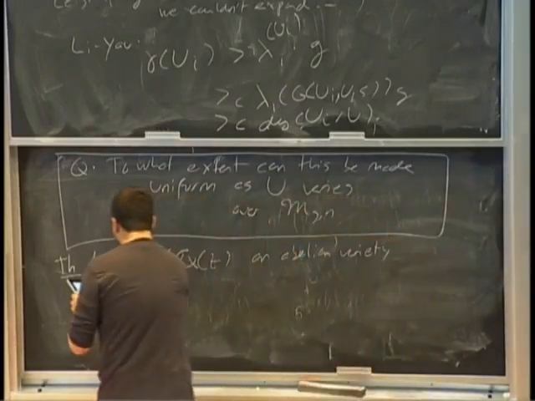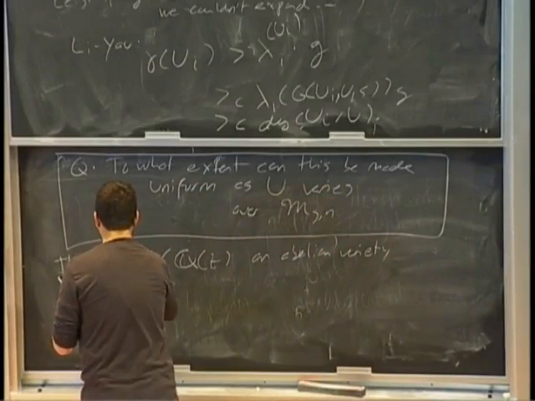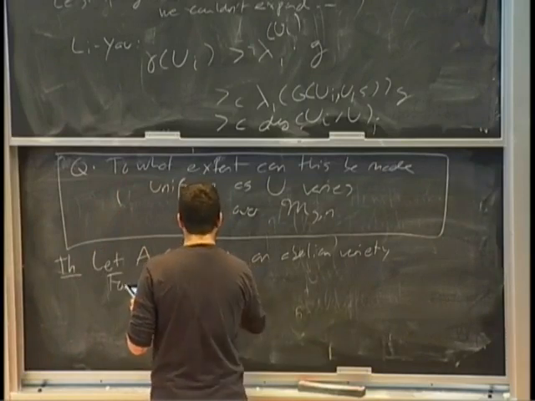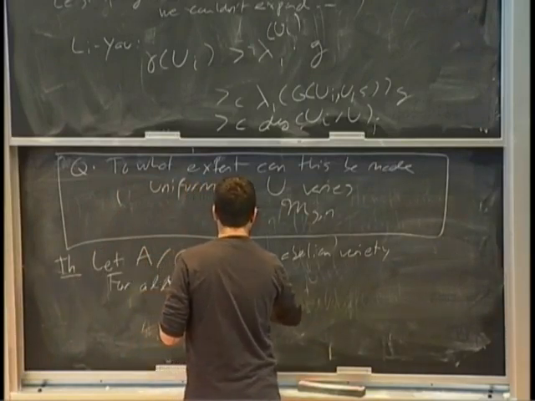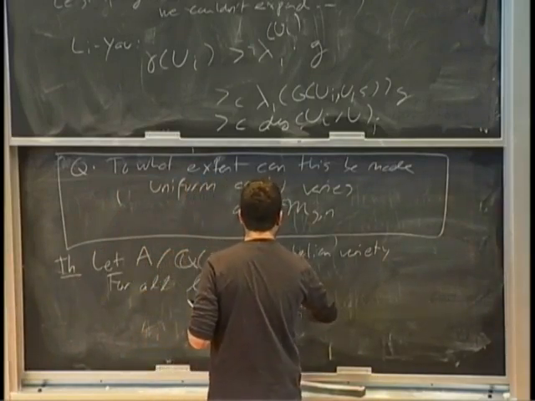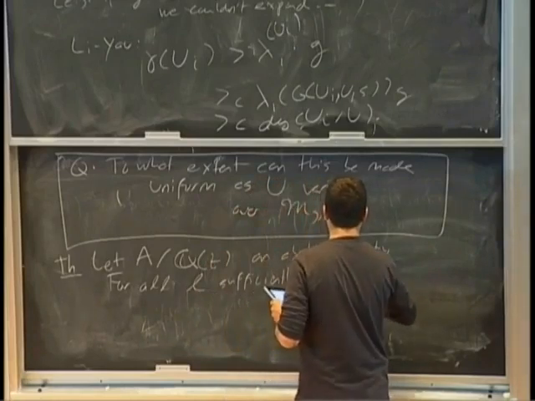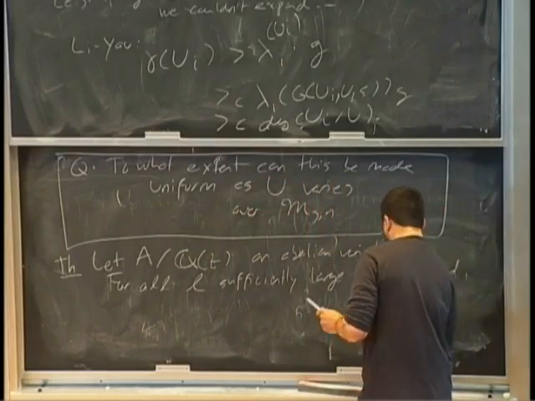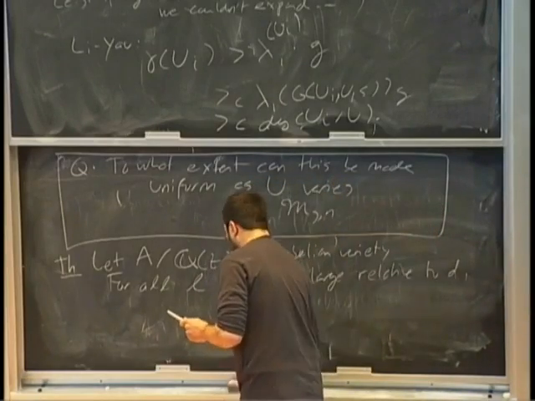And then the claim is that for all primes l which are sufficiently large relative to d, let me just go over to the other side.